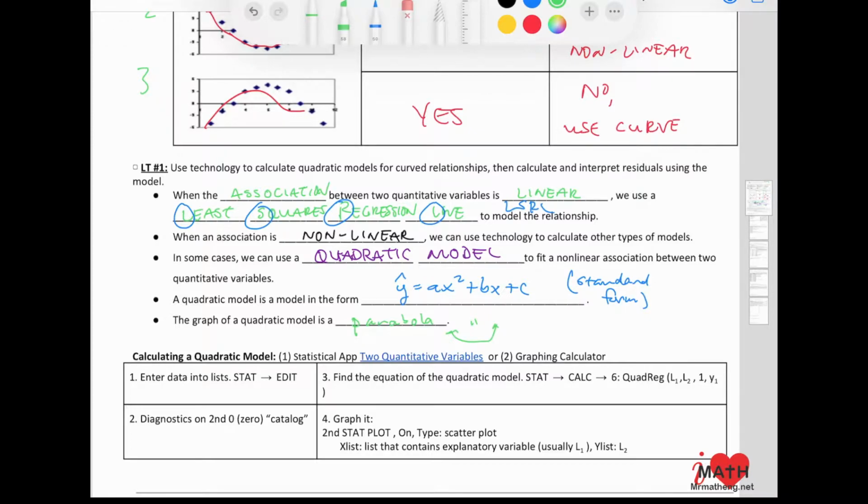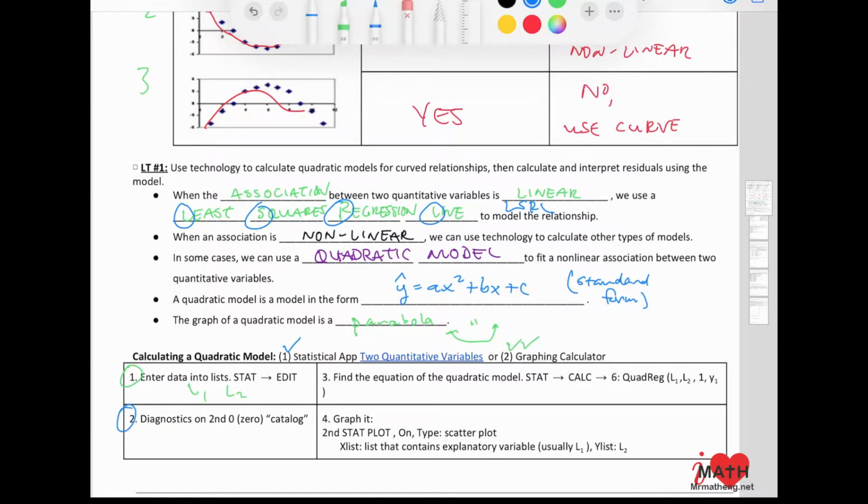Let's quickly review 2 ways of calculating a quadratic model. Number 1, you could use a statistical applet or app given by the book, and you just put in the data and don't use commas. But I've been asking you to use a graphing calculator. To review, number 1, enter your data into your list, pressing Stat and Edit, next to your left key, into both list 1 and list 2.